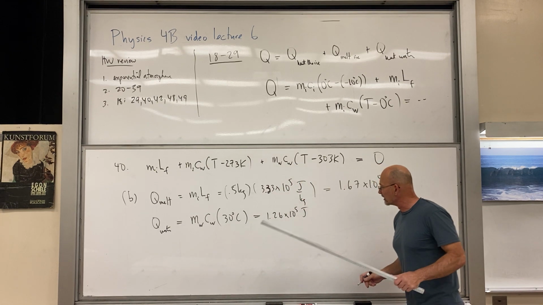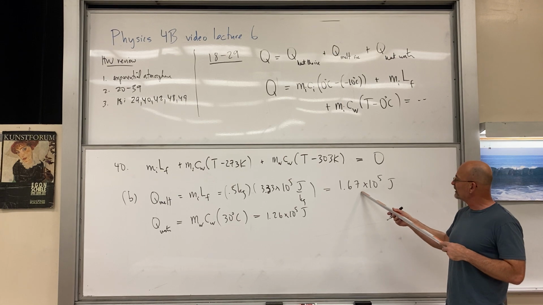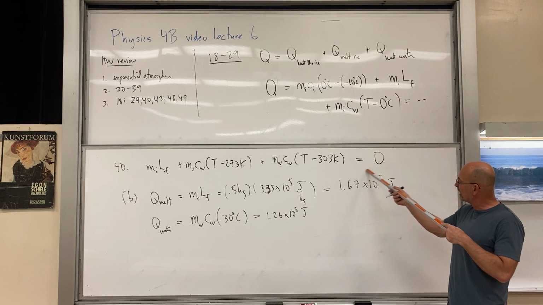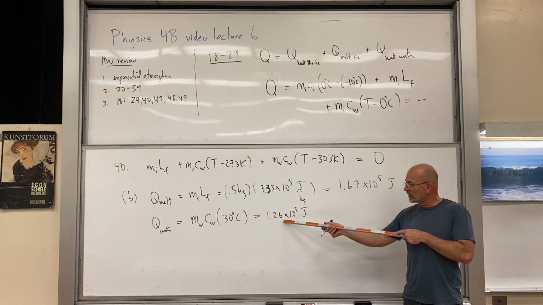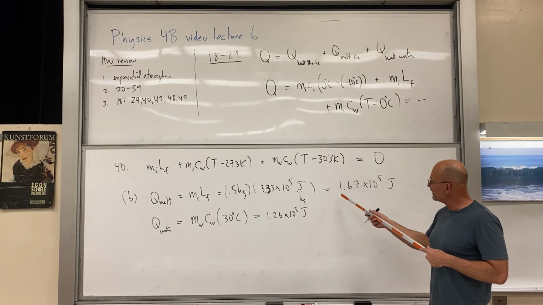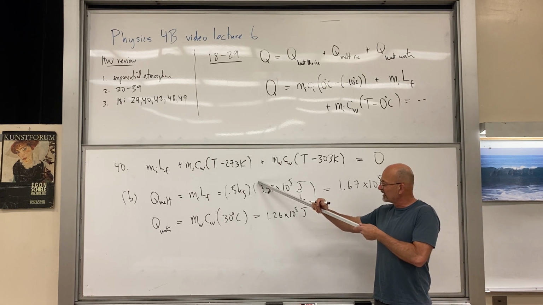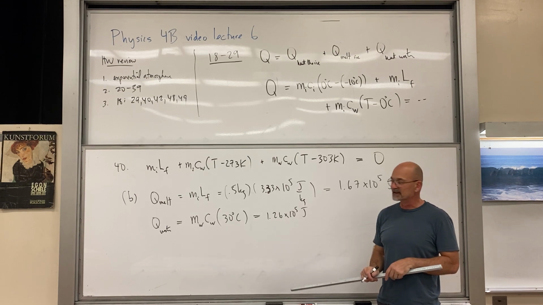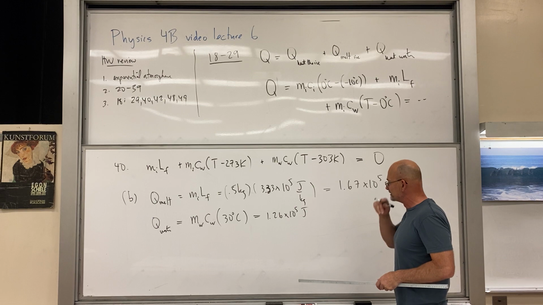So which one is bigger? 1.67. So to melt the entire ice, we would need this much, but there's only this much available in the water before the water is 0 degrees. Therefore, the conclusion is the entire block of ice is not going to melt. You're going to be left with ice in water at 0 degrees Celsius. Okay, or 273 Kelvin, whichever you prefer.